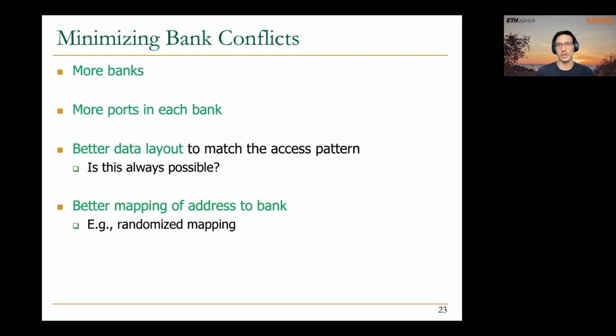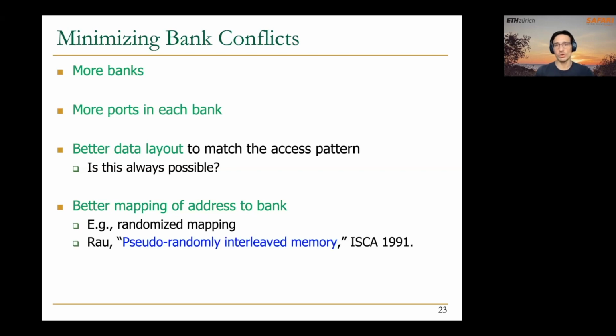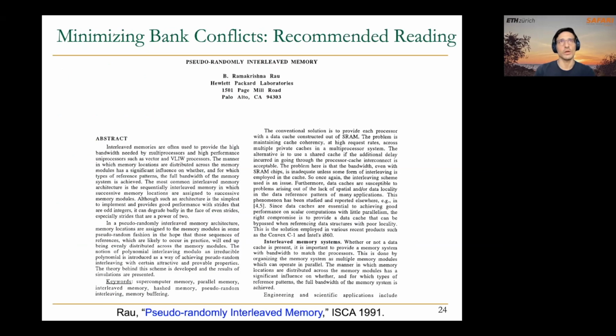This randomized mapping can avoid bank conflicts because it makes it more difficult for two accesses with a certain stride to fall in the same memory bank. A very good example of this work is this paper by Bob Rau presented in ISCA 1991. And this is the abstract and the beginning of the paper.